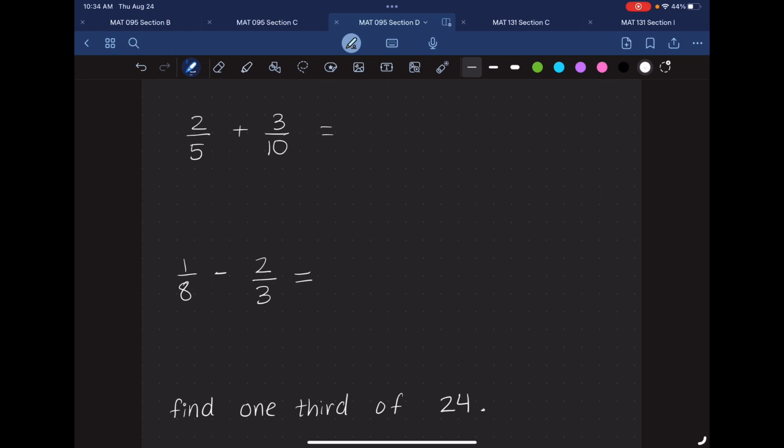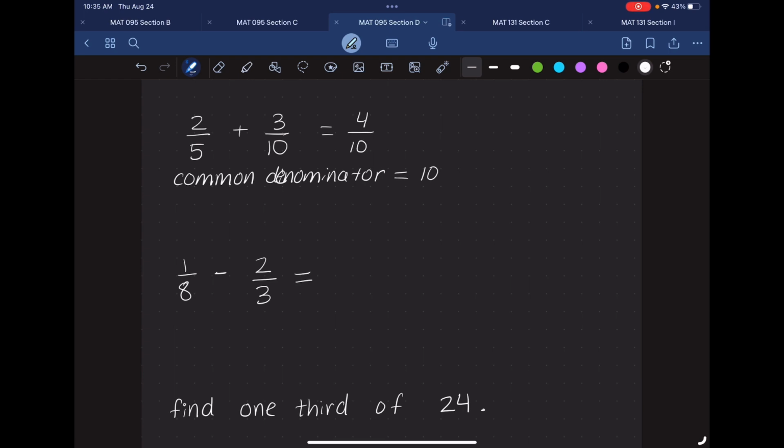So what this looks like is finding the common denominator, which is going to be a common multiple of both 5 and 10. So that would be 10. And then I'm going to put 2/5 into the context of tenths. So if I have 2/5, that's really going to be 4/10.